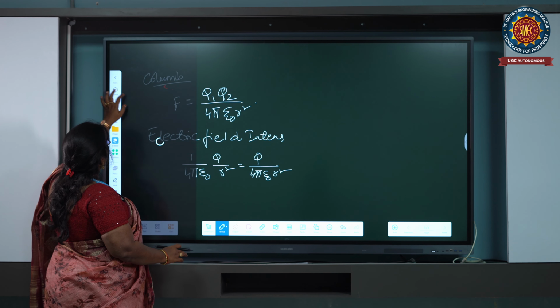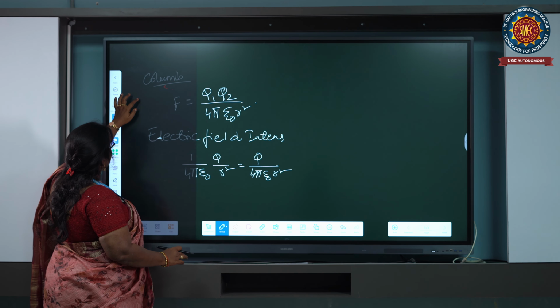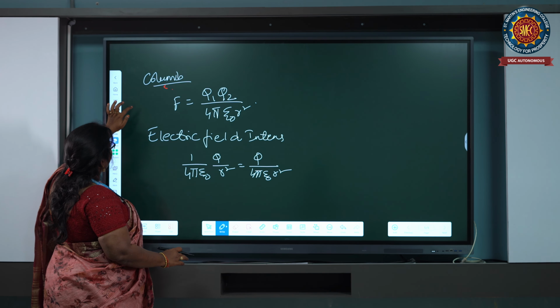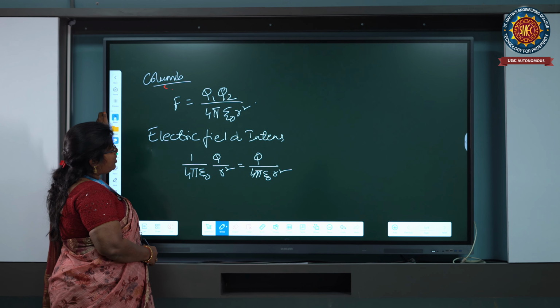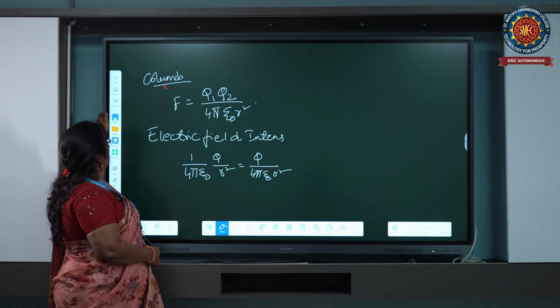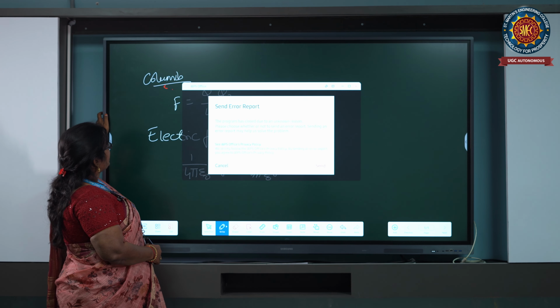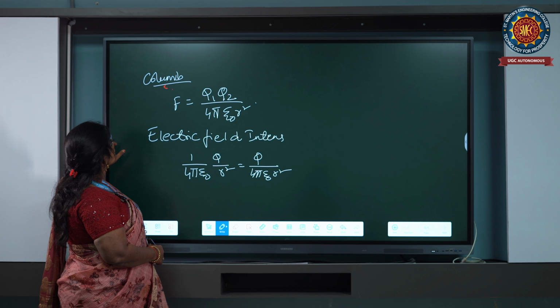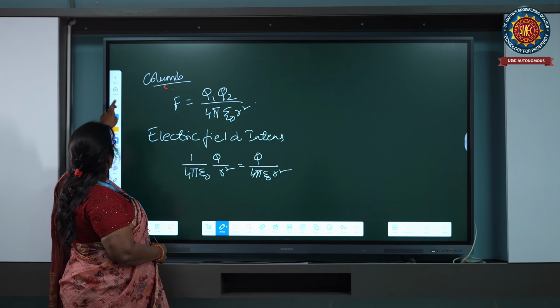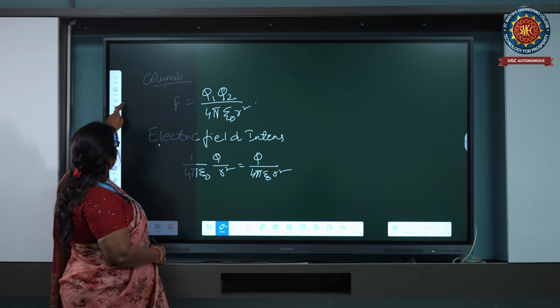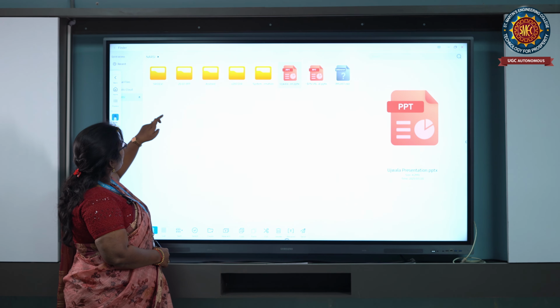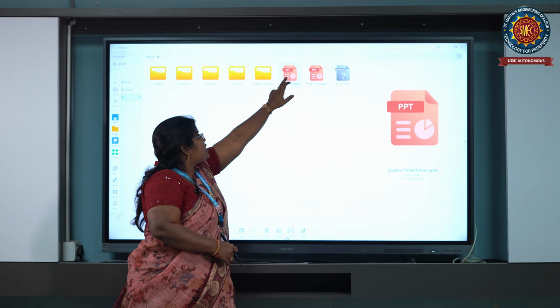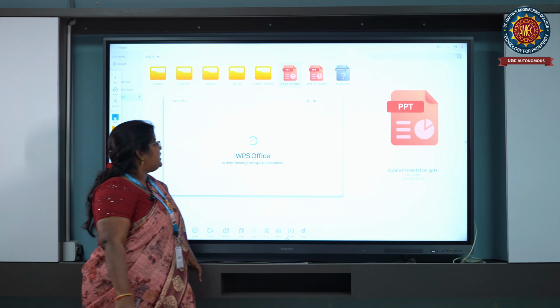Now we can observe the next, the electric field due to n charge distribution. We have to identify the different repulsion and different attraction that can occur, depending upon the force due to n charges. The force due to n charges can be generated depending upon Coulomb's law as well as electric field intensity.